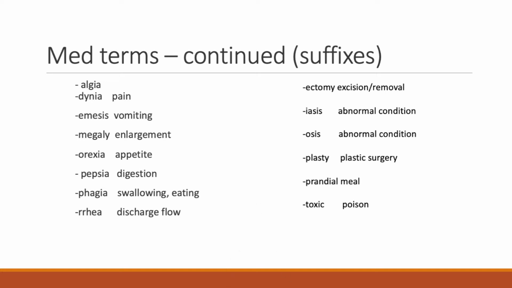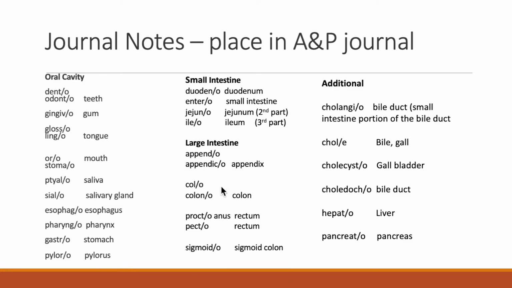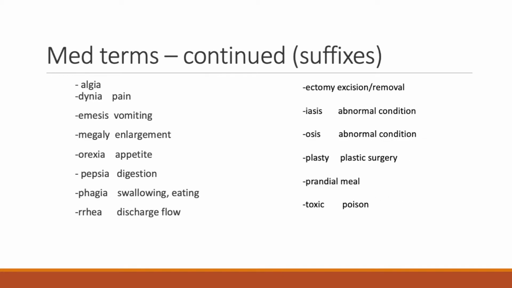If you want to put this first section in 3 columns like that, and then you could even do one for suffixes in a different page, but that's not already marked in your table of contents. But you can certainly put them in with the digestive system just underneath the first and then have 2 columns.